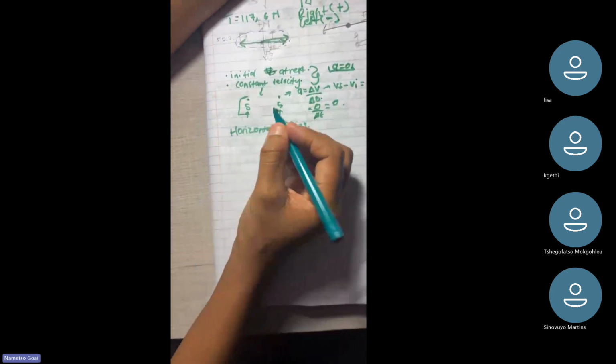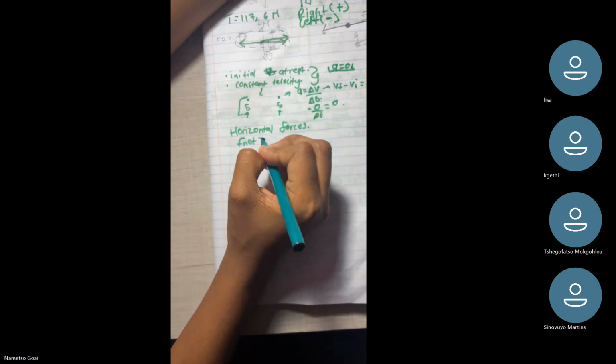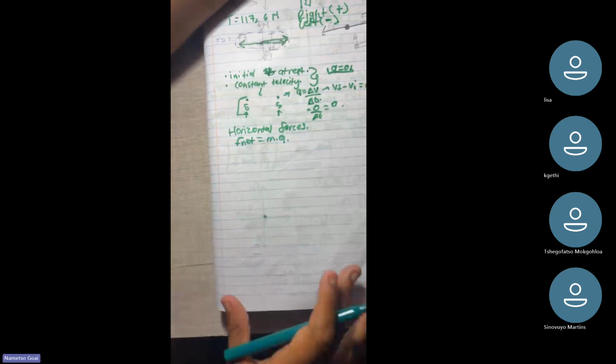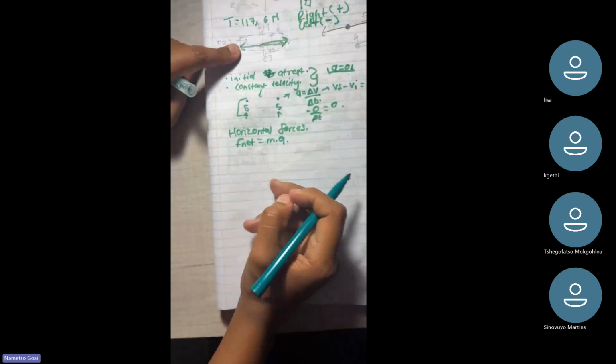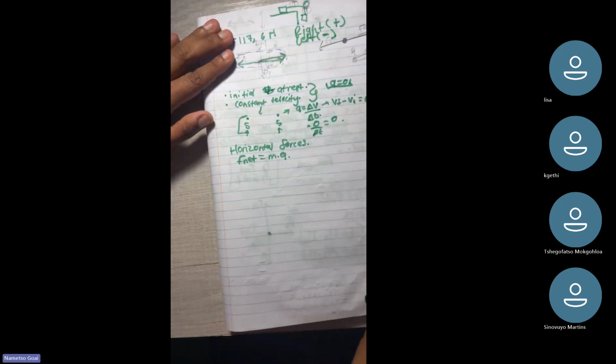So we're going to have F net equals MA. Then tell me, in the second step, how are we going to substitute these forces? Please tell me, guys.